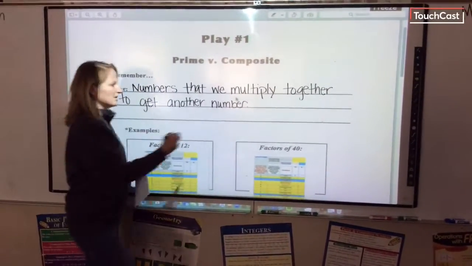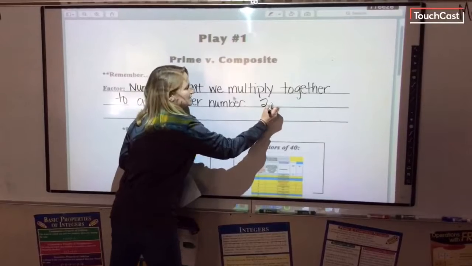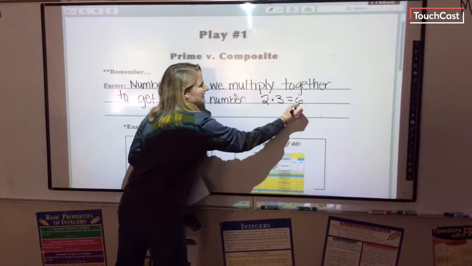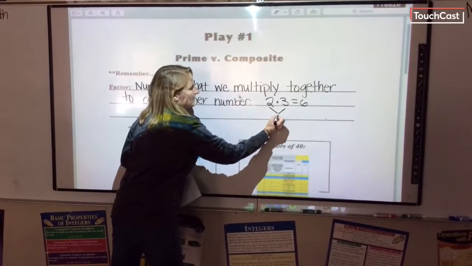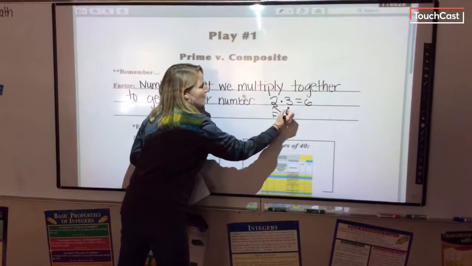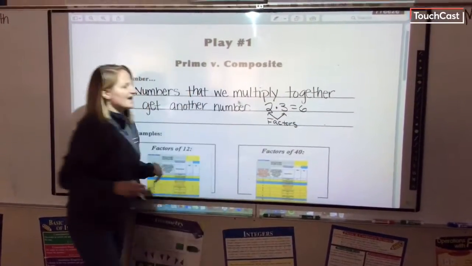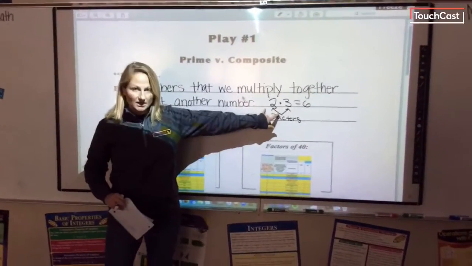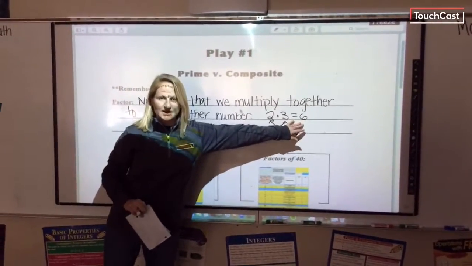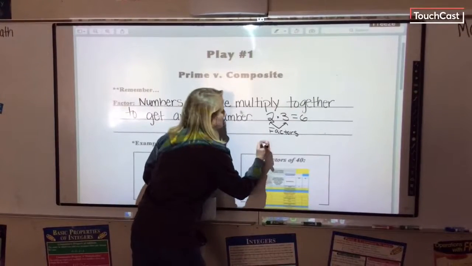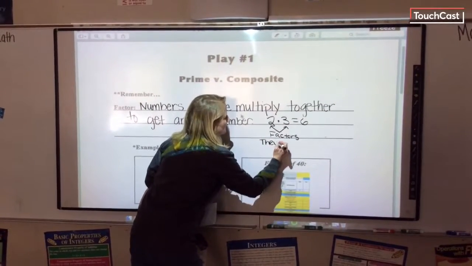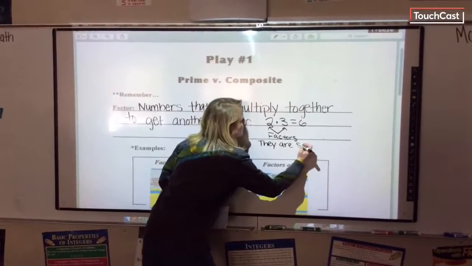So for example, we could say 2 times 3 equals 6. 2 and 3 are both the factors. Remember that factors are smaller than what you get for your answer, the product.